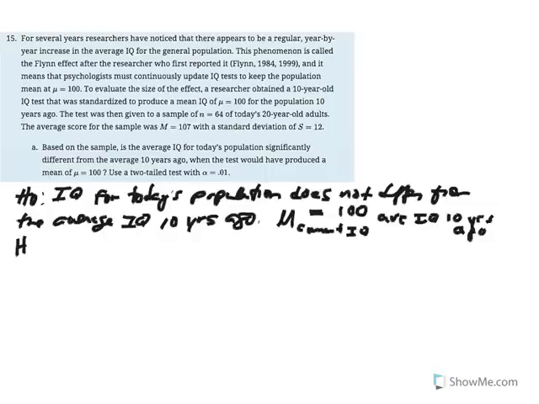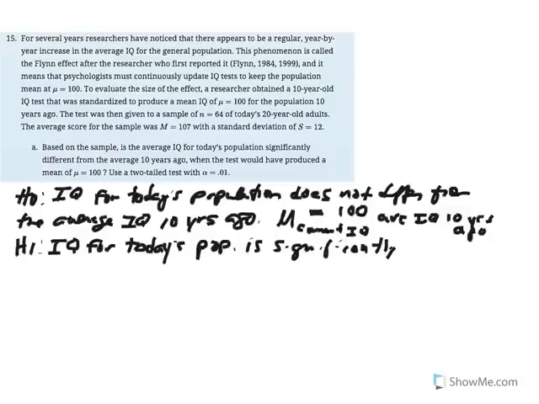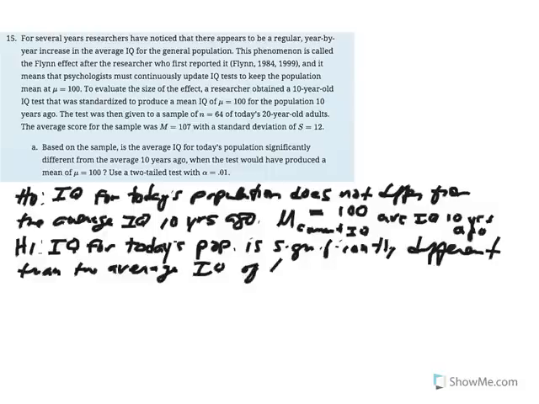The research hypothesis would say that the IQ for today's population is significantly different than the average IQ of 10 years ago.